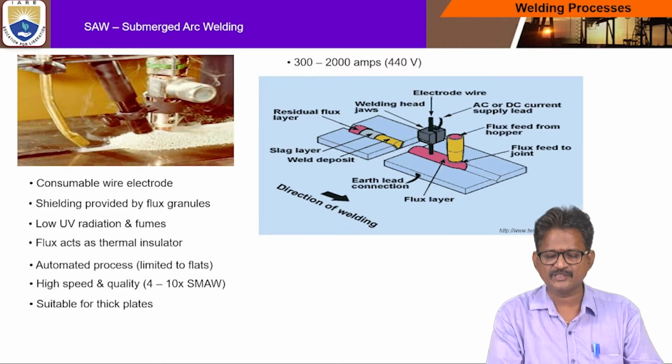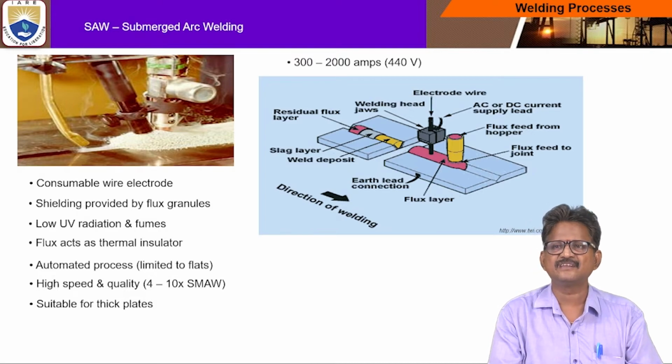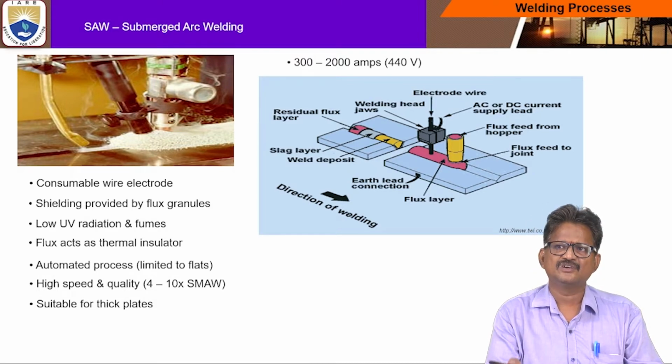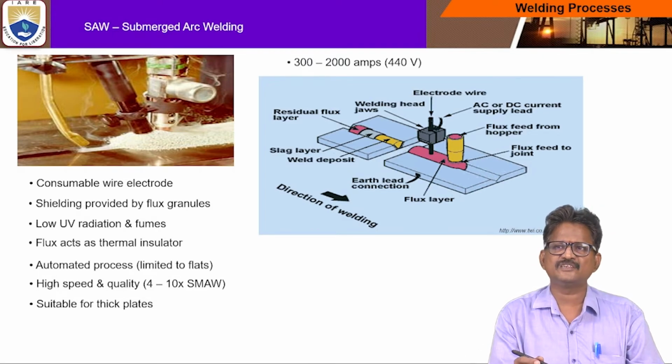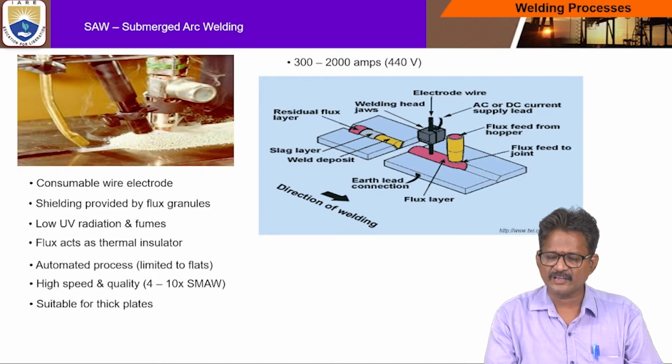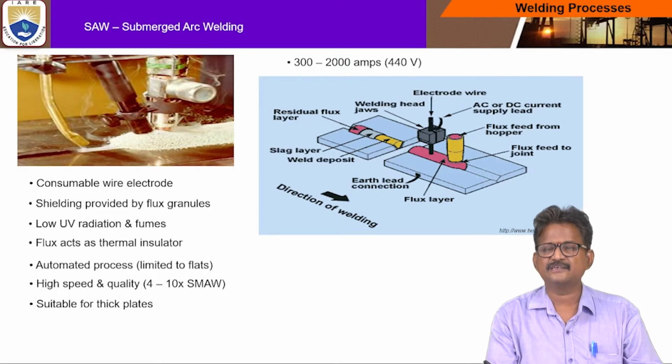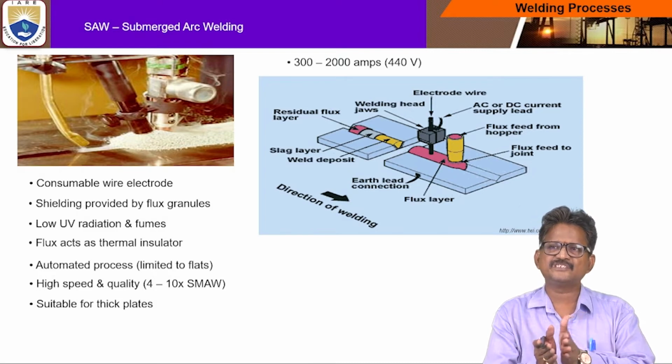In the major construction of submerged arc welding, there is a workpiece, and the two plates are to be joined together. The flux is fed from the hopper and kept over the joint, and the electrode wire is kept centrally.